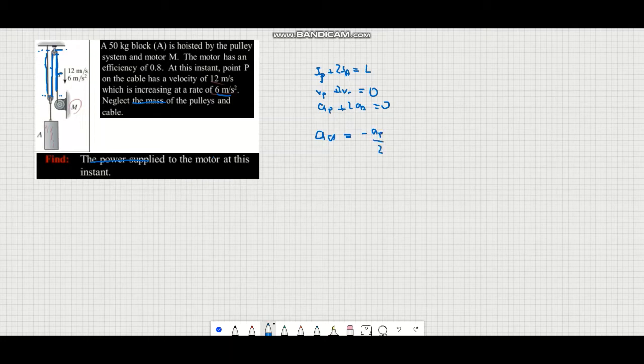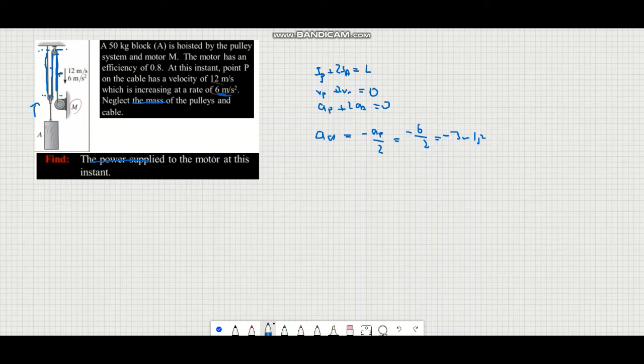We know a_P is 6 meters per second squared, so minus 6 over 2 is minus 3 meters per second squared. Block A's motion is minus, so it's going to be in the upward direction.